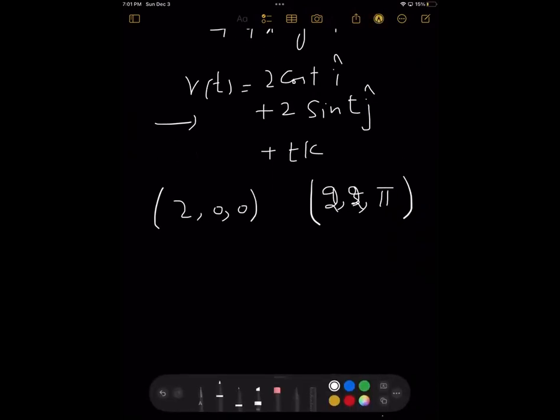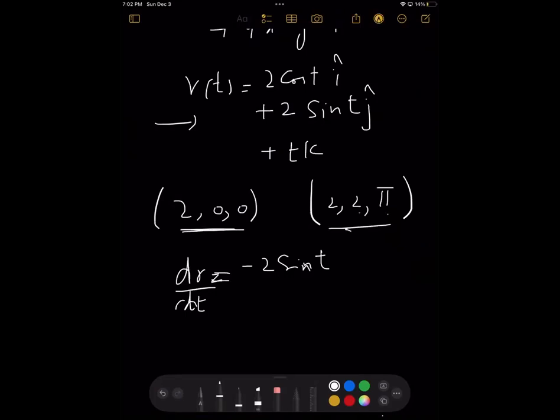The method, you know the method and you can do it. So our r(t) is given, so dr by dt will be equal to minus 2 sin t i plus 2 cos t j plus k unit vector, so it is 1. Is that 2 pi on the right side? Yes, I wrote 2 pi. Because when I put these values, they worked, but when I put pi, 1 and 3, they don't work.